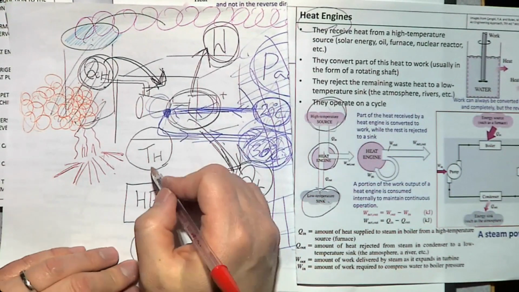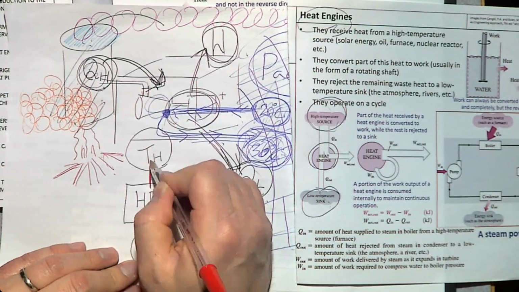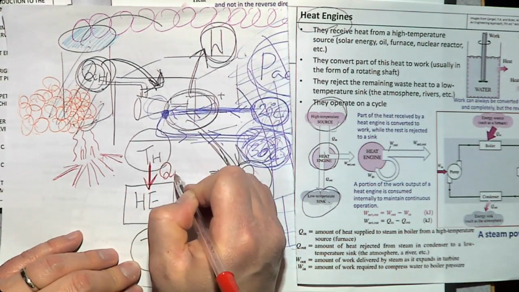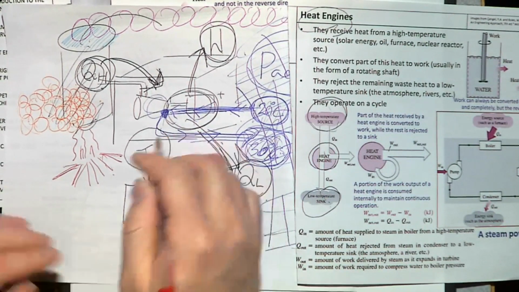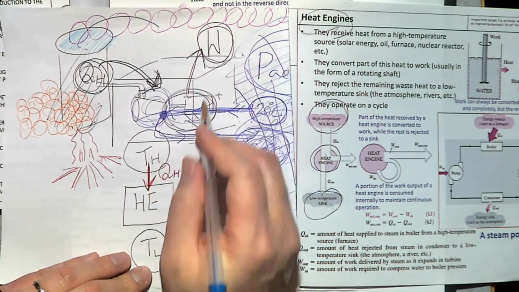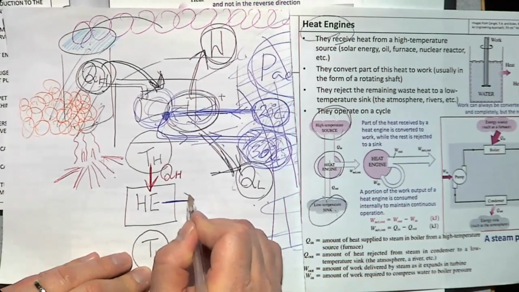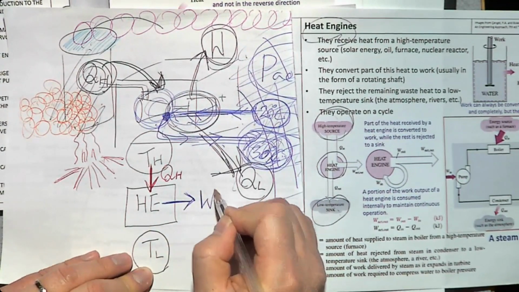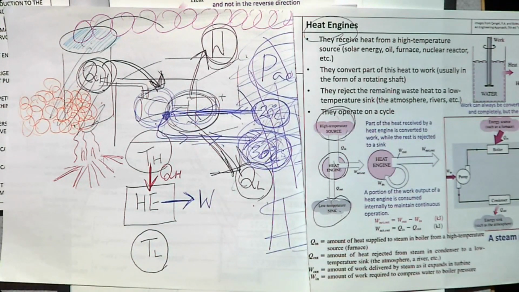So we absorb heat from this high temperature reservoir, for the amount of QH. By running a turbine and generator, we produce work, W, but sometimes we need to consume some of the work that we produce.